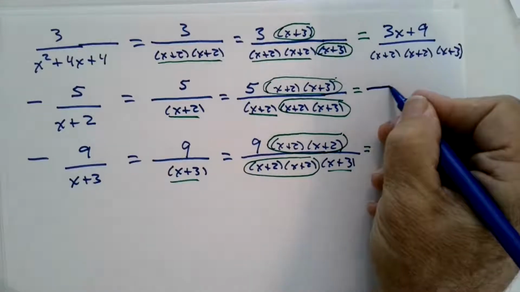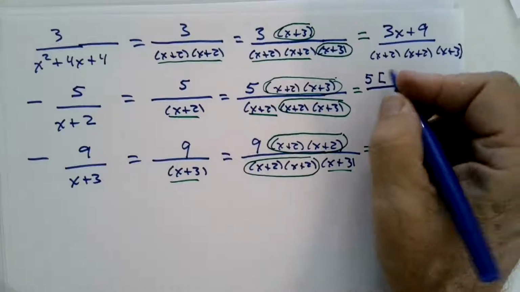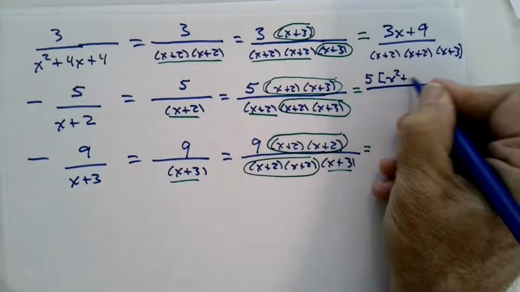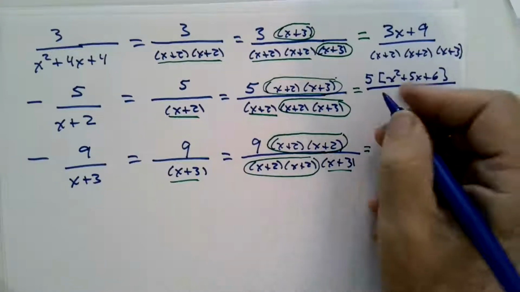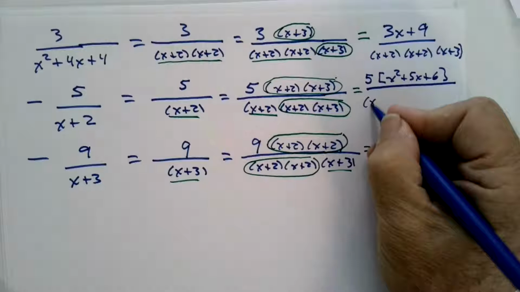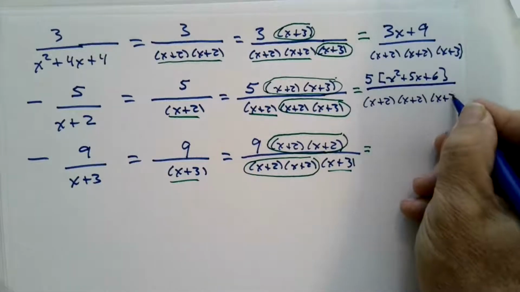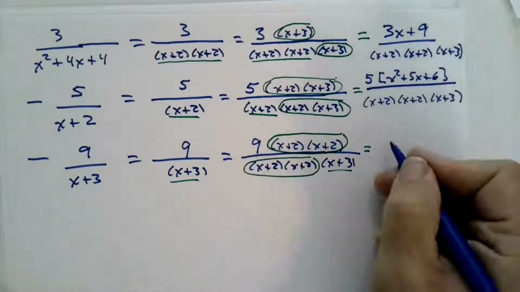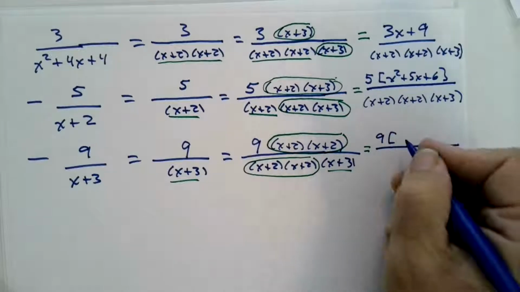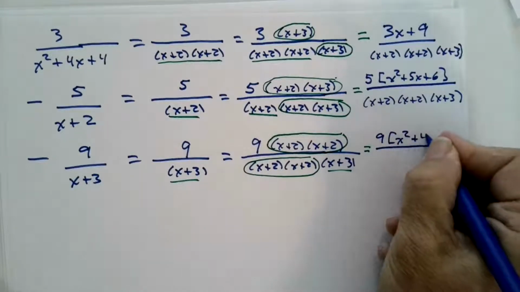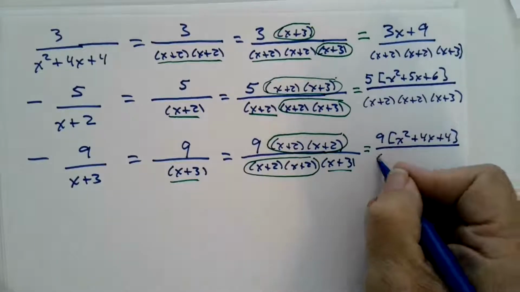My next piece is 5 times all of that stuff. 5 times x squared plus 5x plus 6 over x plus 2, x plus 2, x plus 3. And then we have 9 times x plus 2 times x plus 2. That's 9 times x squared plus 4x plus 4, all over x plus 2, x plus 2, x plus 3.